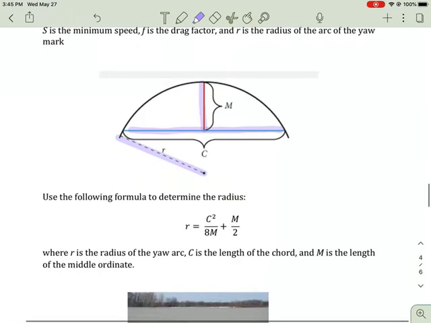So we have a formula for the radius. That's C squared over 8M, where C is the length of the chord and M is the length of the middle ordinate, and then we add M divided by 2. We divide, then add those two answers together, and that gives us the radius of the circle.